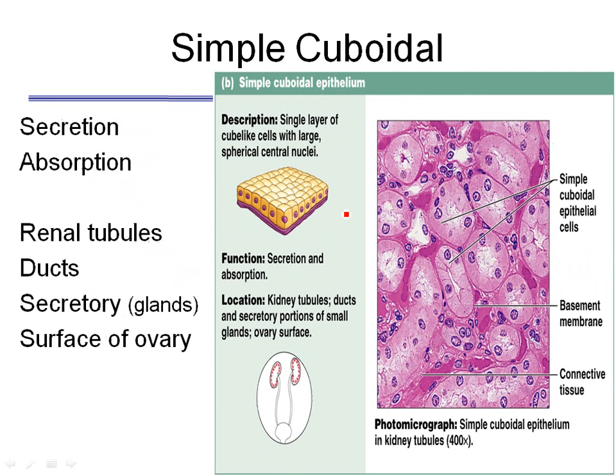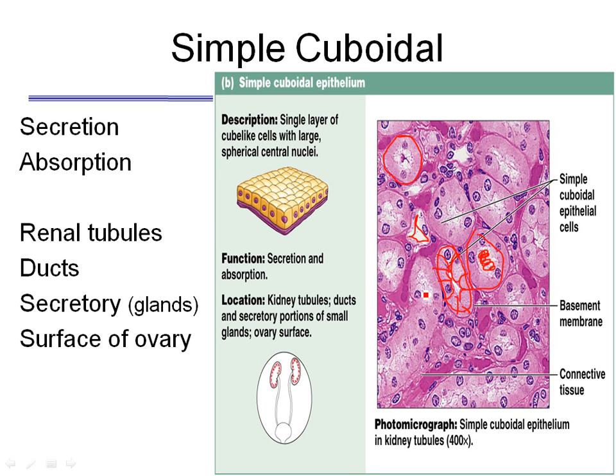Simple cuboidal. At first glance, you may go, well, I don't see the tissue at all. Remember, epithelial tissue isn't always on the surface. It can be lining a tube. So what you look for are structures that look like tubes. You know you're in a tube if the very center of this tube is clear. That tells you that there's nothing there. That's space or liquid. So we're focused on these cells, this 1 layer of cells here, in contact with the basement membrane.